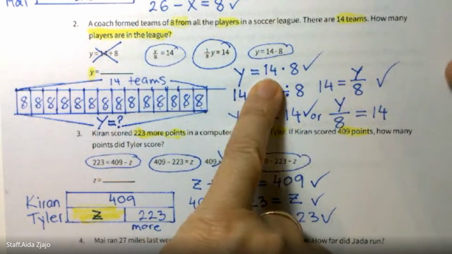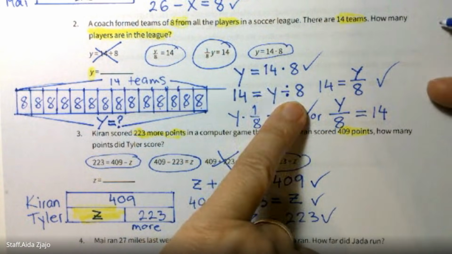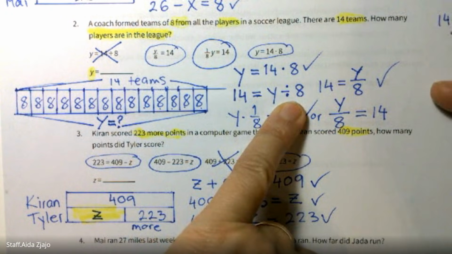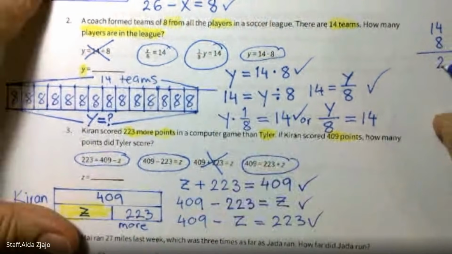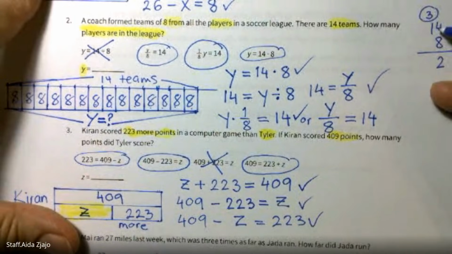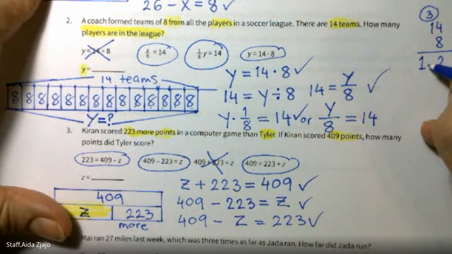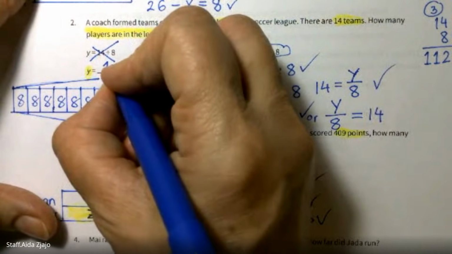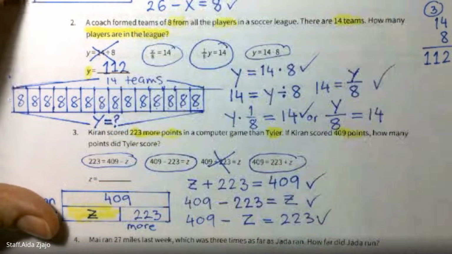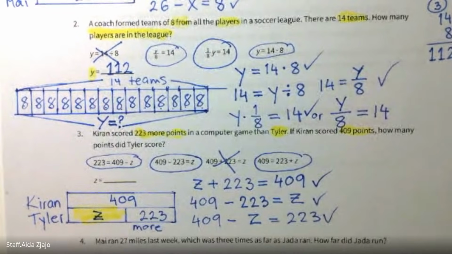So 4 times 8 is 32, I remember 3. 1 times 8 is 8, plus 3 is 11. So 112 is how many people are on there.